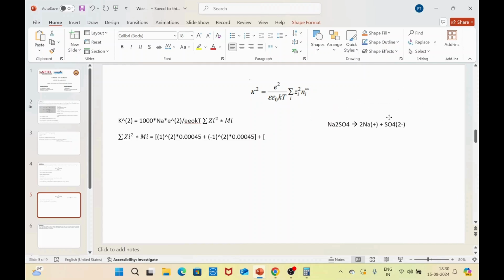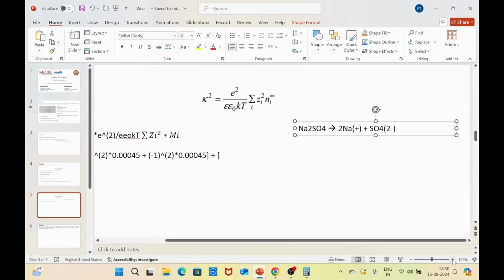When you put Na2SO4 salt in an aqueous electrolyte or in water, it is going to split as 2 Na plus plus SO4 2 minus ions. Otherwise, the charge will not be balanced.